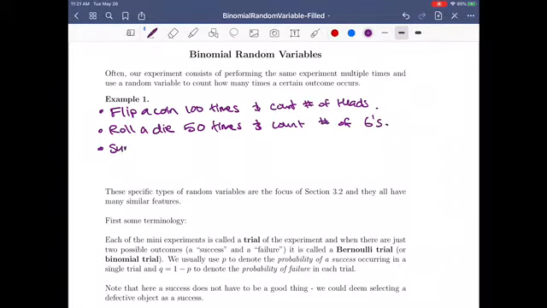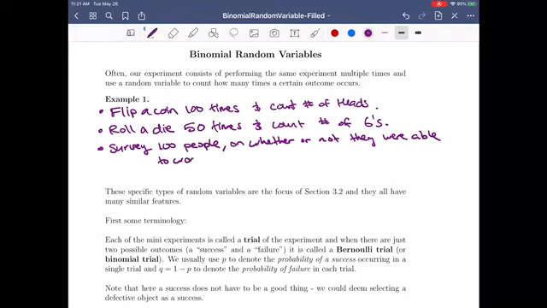So maybe you survey 100 people on whether or not they were able to work from home during the quarantine. Then you might want to count the number of people that were able, or something like that.